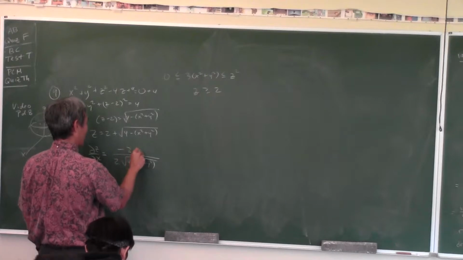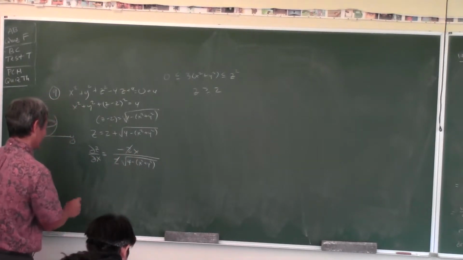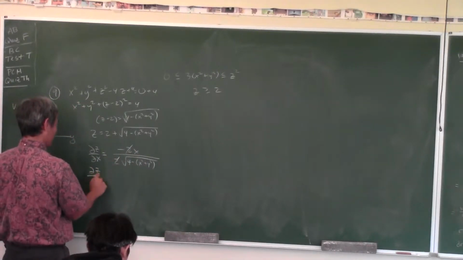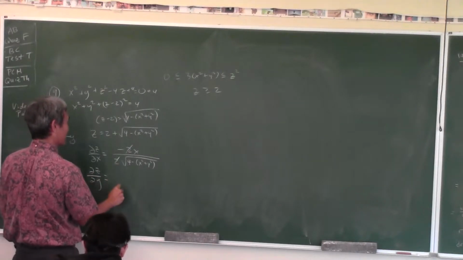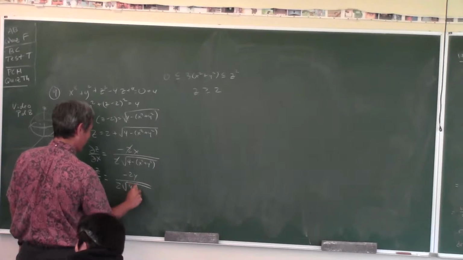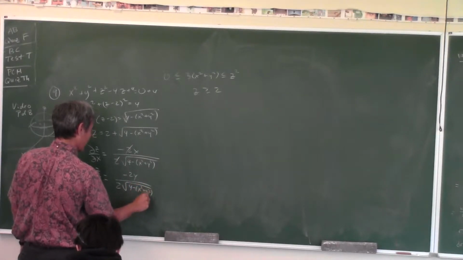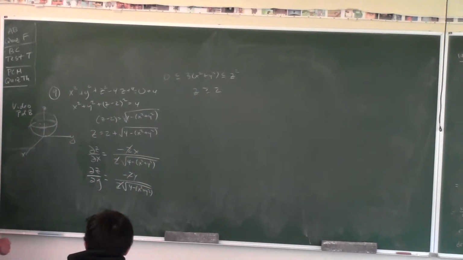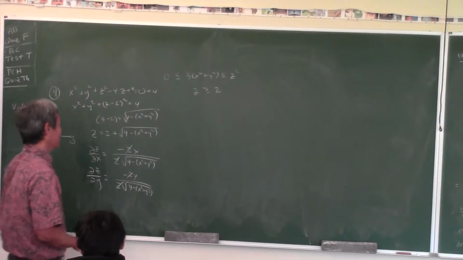And the 2's cancel out. And then the partial of z with respect to y is going to be the same thing: negative 2y over 2 root 4 minus x squared plus y squared. And they cancel out.